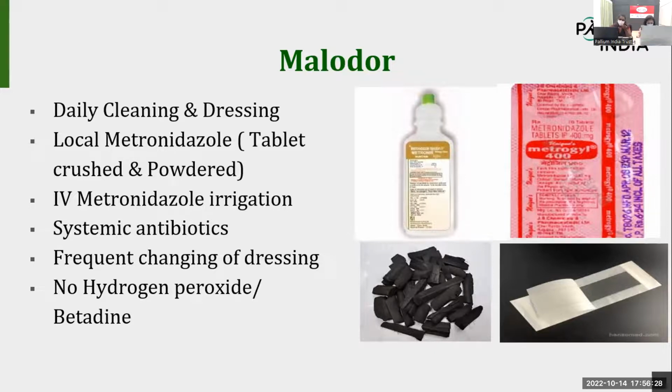So it will not help anymore. You can use normal saline for wound cleaning. Also, the drug of choice for controlling anaerobic bacterial infection is metronidazole. You can apply it topically, and if the malodor is not controlled, then you can use it systemically also.